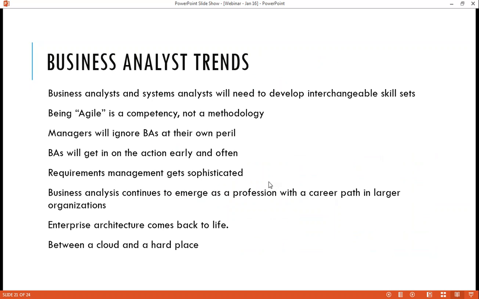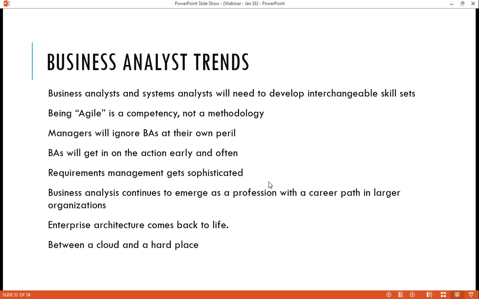Okay, now let's look at the trends for business analysts, how the whole role of business analyst is evolving, and what the important things happening in this role are. The first thing is that business analysts and system analysts will need to develop interchangeable skill sets.